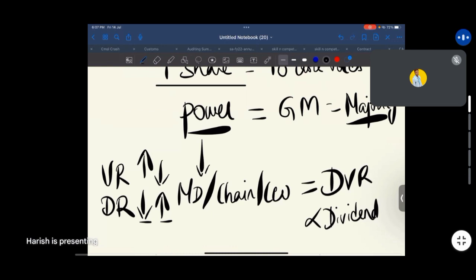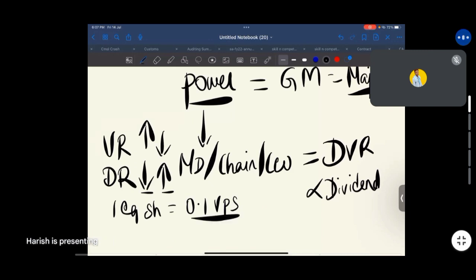So let's say you have one equity share which gives you only 0.1 vote per share. So you need to own 10 equity shares to vote once in a general meeting. So in such a scenario, people would rather prefer more dividend.